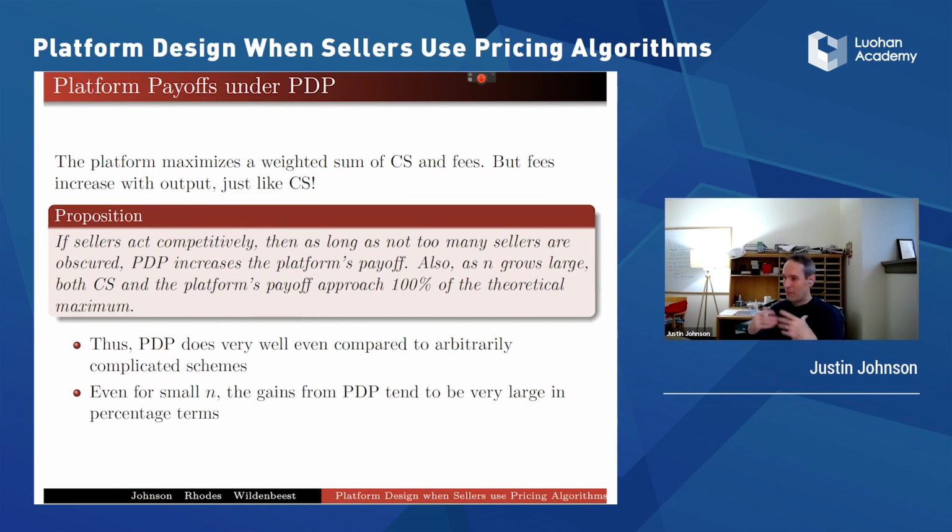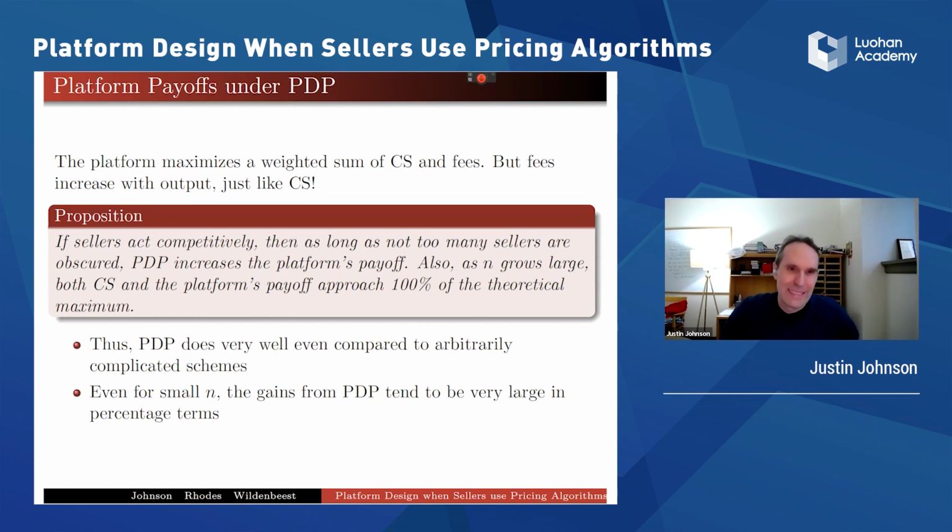Moreover, as we talk about in detail in the paper, as the number of merchants N gets fairly large, not only does PDP benefit consumers and the platform, but the platform can extract almost all of the surplus from sellers. The sellers' surplus goes down, and the consumer surplus and the platform's profit basically approach 100% of the theoretical maximum. Again, that's in the paper.